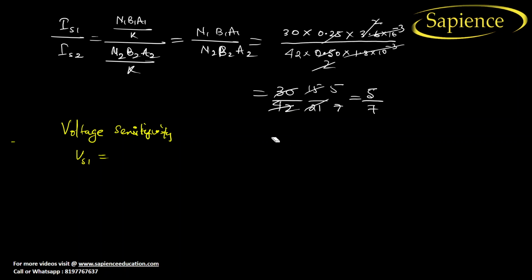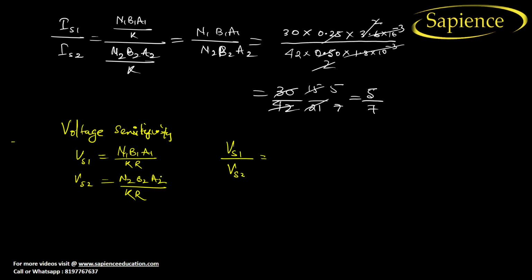Vs1 is equal to N1 B1 A1 divided by K into R, and Vs2 is equal to N2 B2 A2 divided by K R. Now we need to find the ratio of the voltage sensitivity of coil 1 to the voltage sensitivity of coil 2.